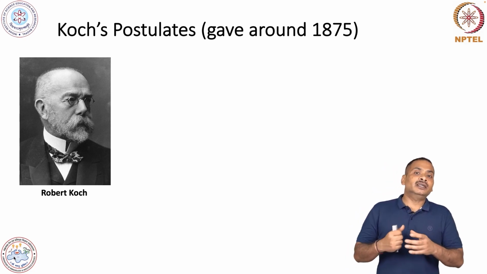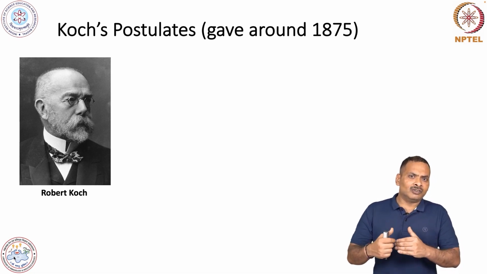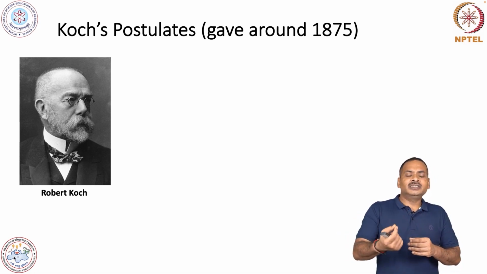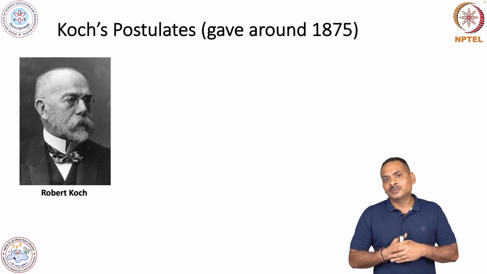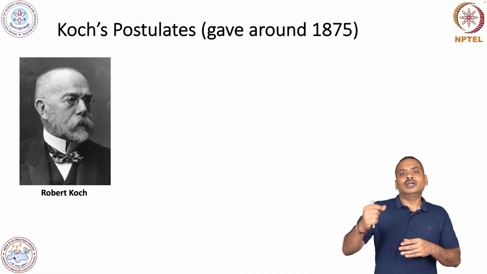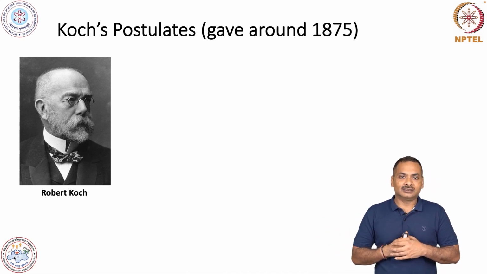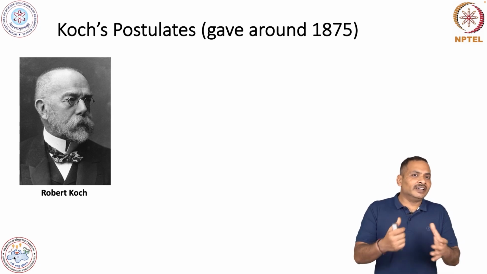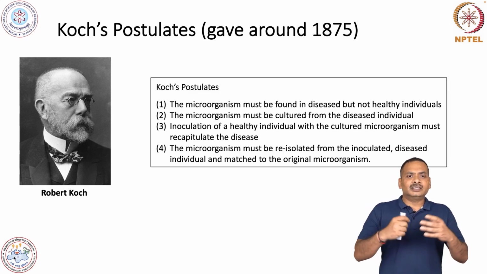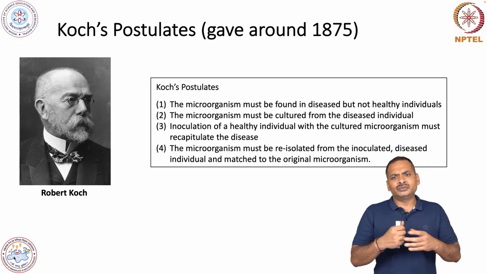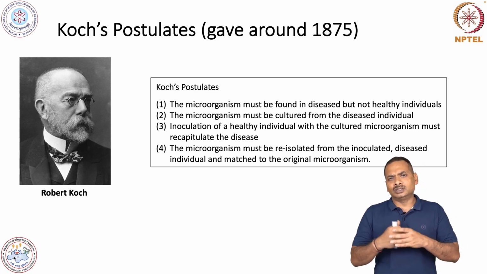Once this rabbit developed full-blown disease, he took out its lymph node, and then he inoculated another rabbit, and that also developed the disease. So basically he gave the concept of infection. We also call this the Koch postulate, or germ theory.